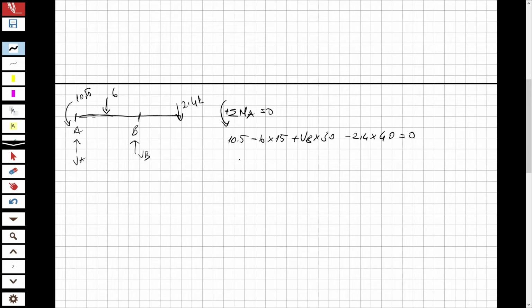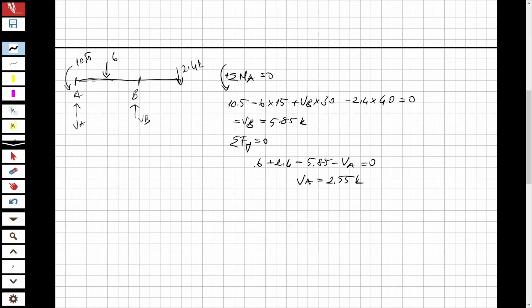From this equation, I obtain VB as equal to 5.85. And from total Fy equal to 0, I write 6 plus 2.4 minus 5.85 minus VA, and VA will be equal to 2.55 kips.